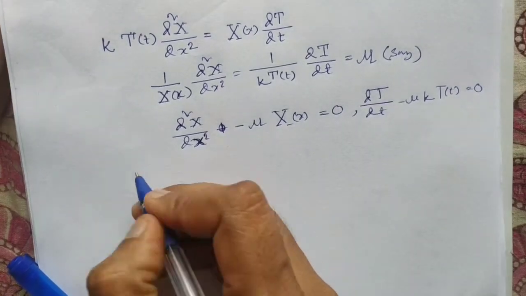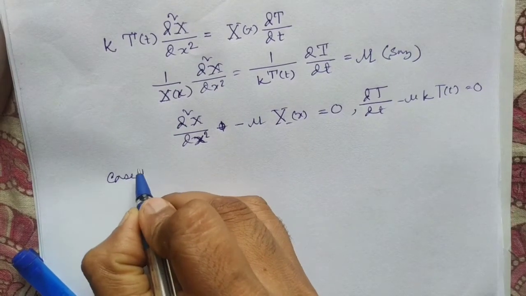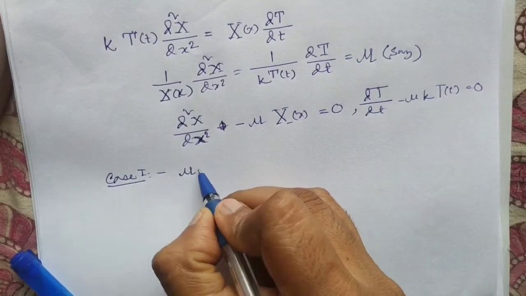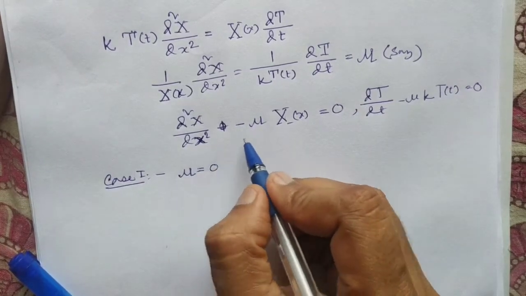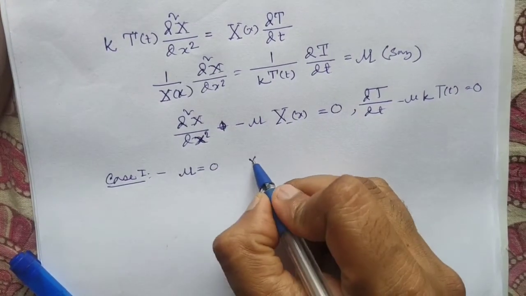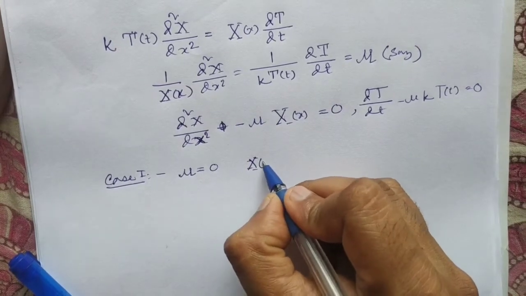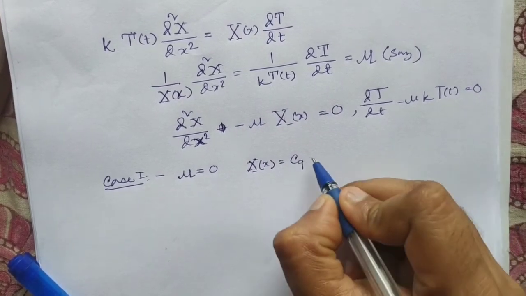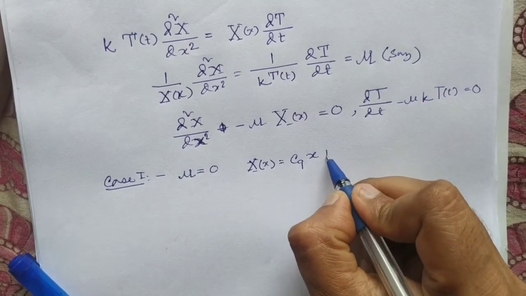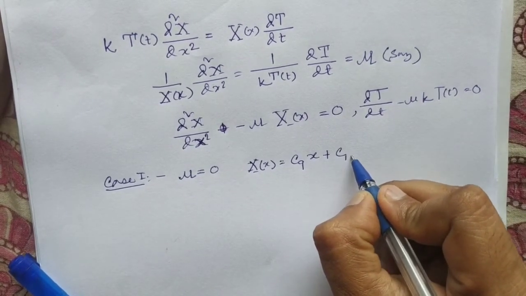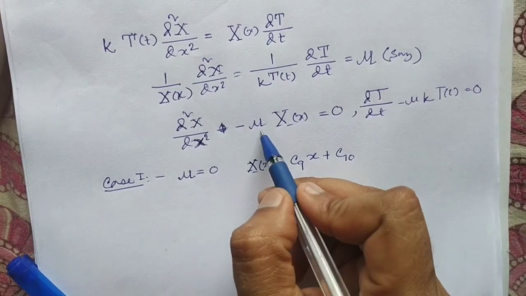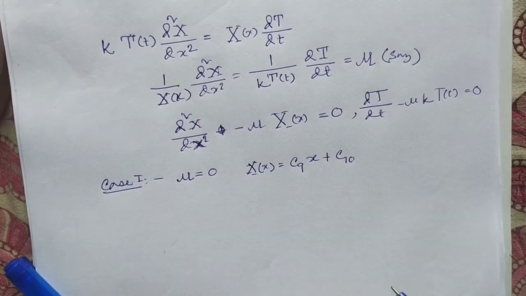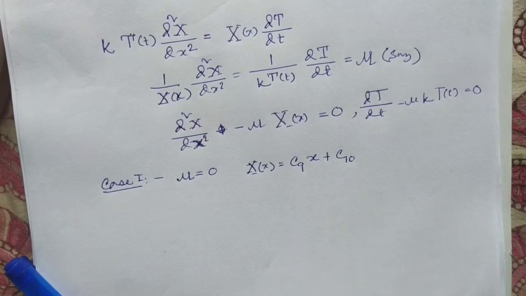So we start. Case 1: first take mu equal to 0, the simplest case. Then this gives you X(x) equal to some constant C9 multiplied with x plus some constant C10. Since mu is equal to 0, the double derivative is equal to 0, so the resulting equation should look like that.